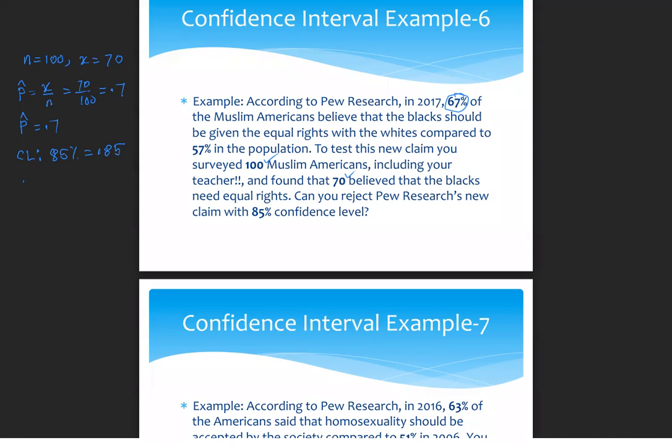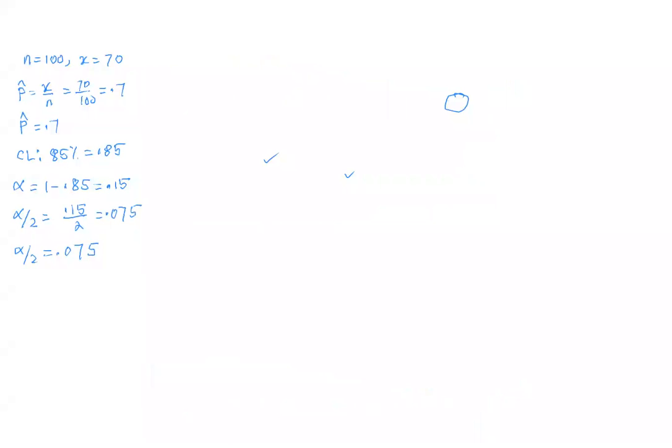And significance level alpha is 1 minus 0.85, or 1 minus the confidence level, which is 0.15. So alpha over 2 is going to be 0.15 divided by 2, which is 0.075. So alpha over 2 is 0.075. All right. Now let's go ahead and draw the diagram for standard normal distribution.